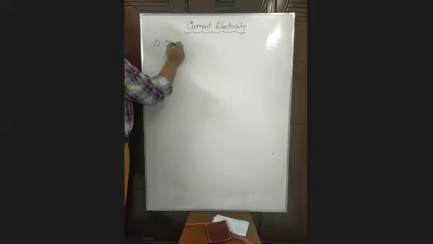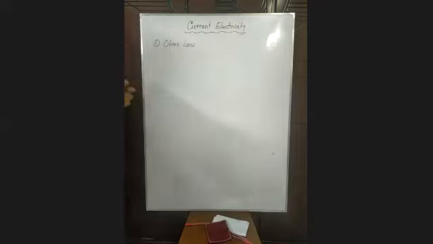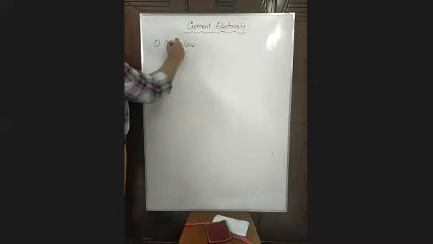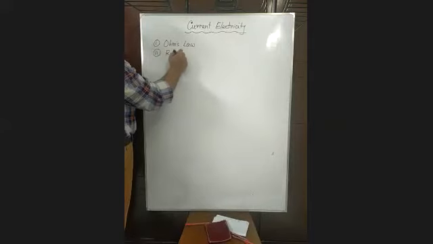Such as, if we talk about current electricity, we know about Ohm's law, what we have discussed previously in class 10. First one is Ohm's law. Then second law, resistance law.